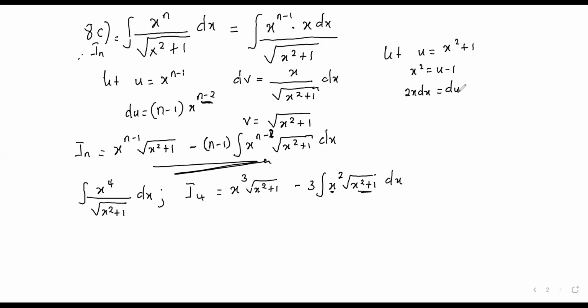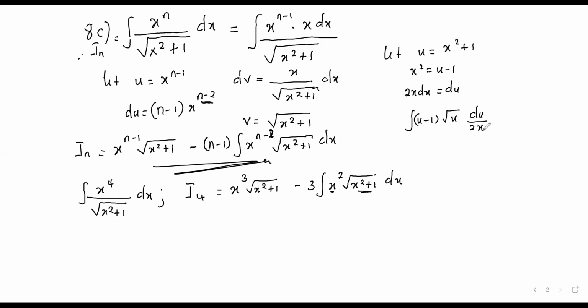How can it be? It can look like this. u minus 1 as x squared, integral of u, then dx would be du over 2x.